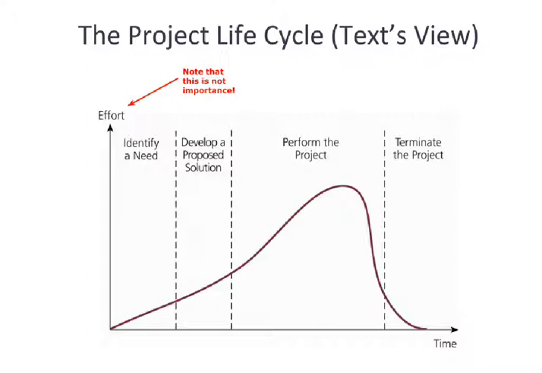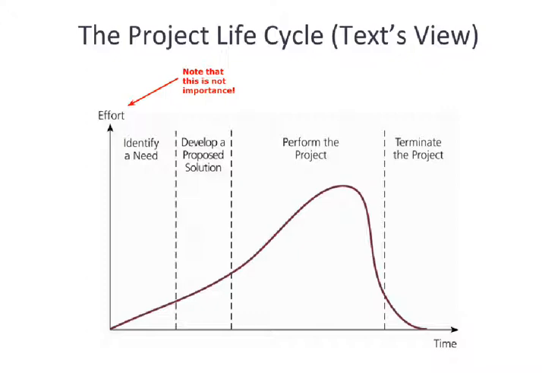Now, I do want to emphasize that this is a relatively simplistic view of the project lifecycle. You can search around and find many other diagrams of the project lifecycle that show a bit more complexity.